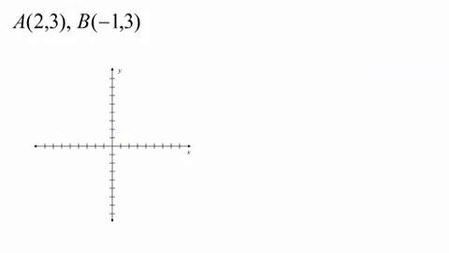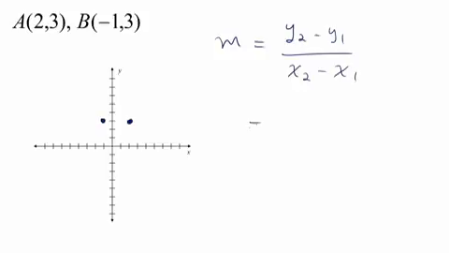Second problem, we have the 2 points 2, 3, negative 1, 3. Plotting those 2 points, we have 2, 3, and the point negative 1, 3. Now we'll find the slope of the line through those 2 points. Again, slope is defined by y2 minus y1 over x2 minus x sub 1.